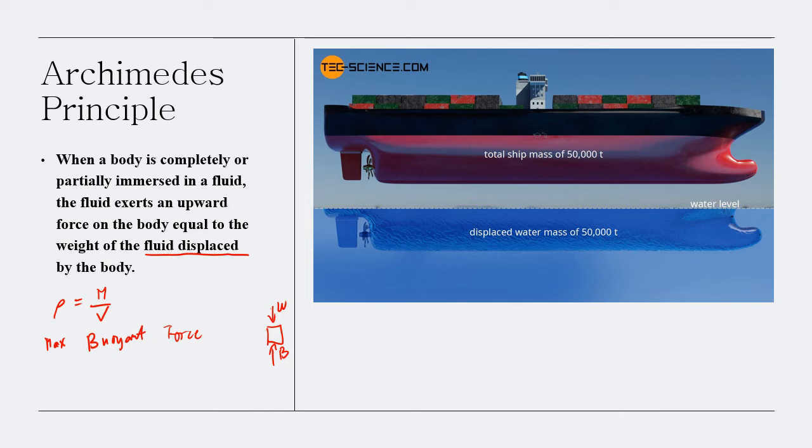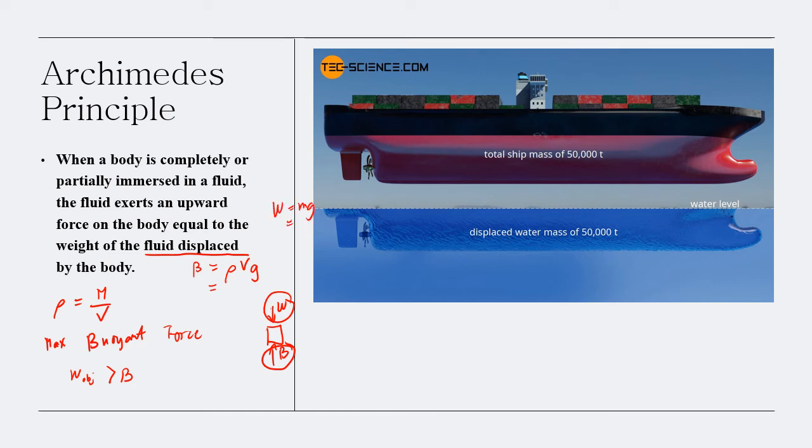So if this is the buoyant force and this is the weight, we have the condition that the weight of the object is greater than the buoyant force. Again, if you recall, buoyant force is rho times V times g, and the weight is mg.